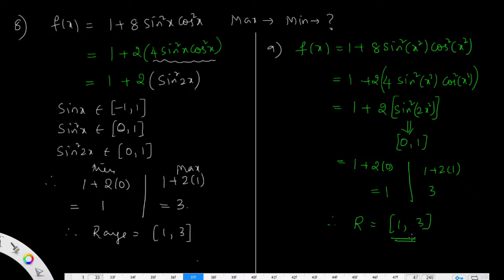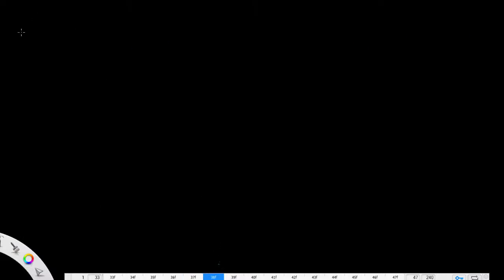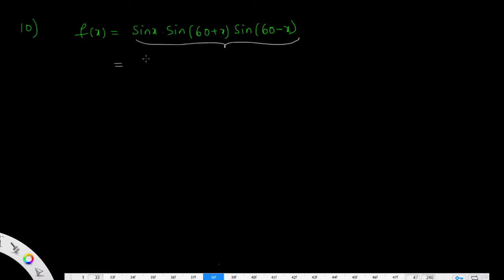Shashank Ramesh, okay, fine. Next question, the 10th one. F of x equal to sin x into sin of 60 plus x into sin of 60 minus x. This is only the basic formula, that is nothing but 1 by 4 sin 3x.